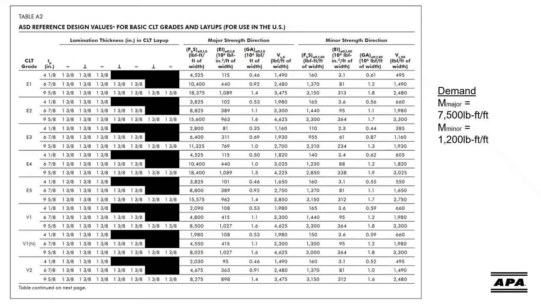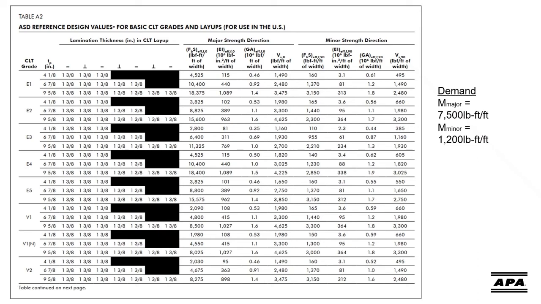For bending, the adjustment factors are the load duration factor, C sub D, the wet service factor, C sub M, the temperature factor, C sub T, and the beam stability factor, C sub L. For this example, I'm using the low combination dead plus live, so my C sub D is equal to 1.